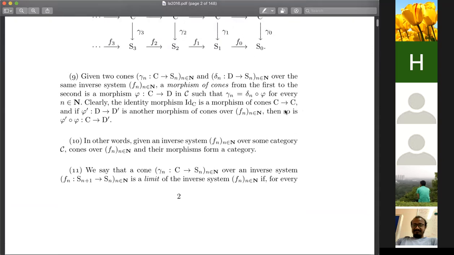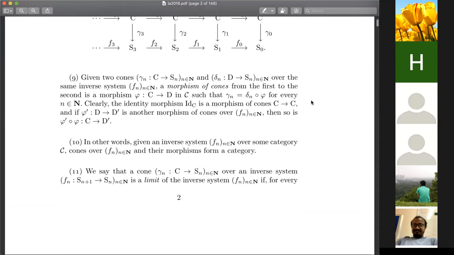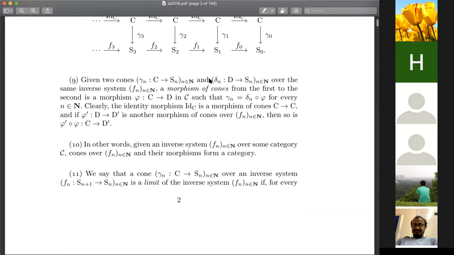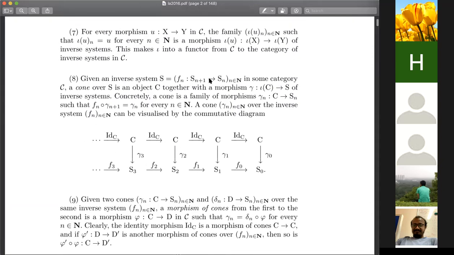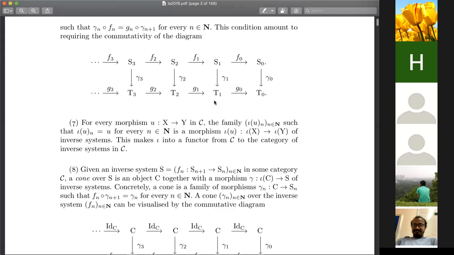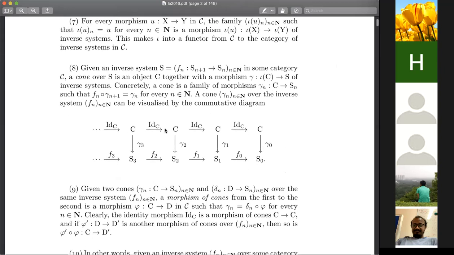Okay. Now, I had this notion of morphisms between inverse systems, using which I have defined this notion of a cone over an inverse system. Now I'm going to define the notion of a morphism of cones.